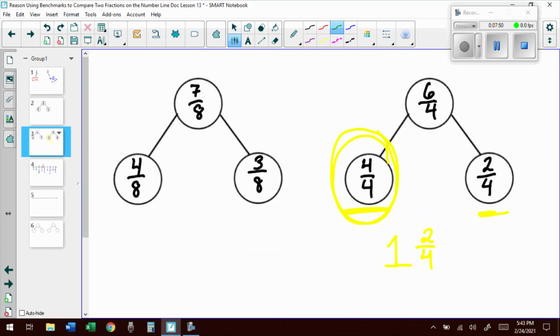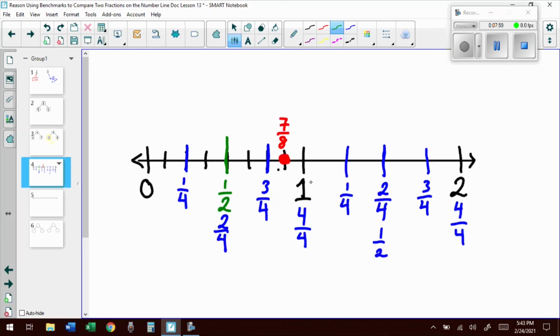So if we go back up to our number bond, we see that 6 fourths is 4 fourths, or 1 whole, plus another 2 fourths. So we go to 1 whole, go plus another 2 fourths, we have it right there, 6 fourths.